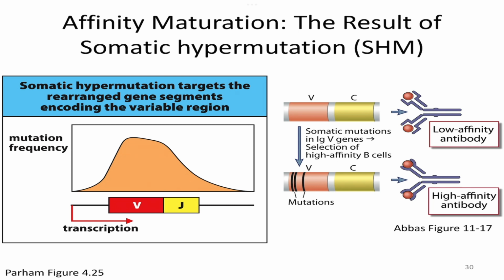So basically what's happening here is AID is acting on the variable region. Particularly, it's acting against all of the cytidines in the variable region and leading to point mutations. And that's allowing us to change the variable region and potentially get higher affinity in those individual B cells.